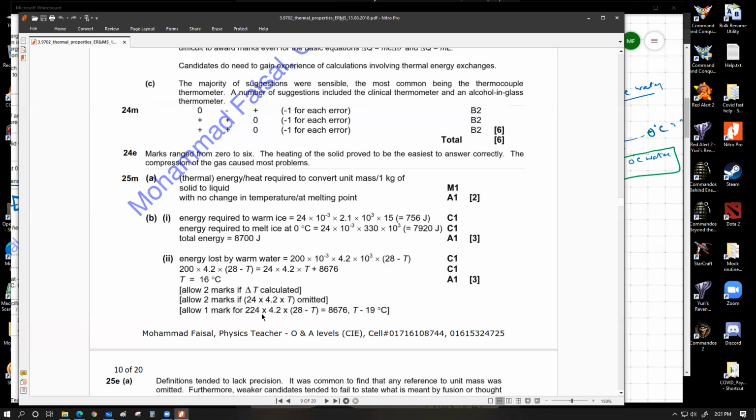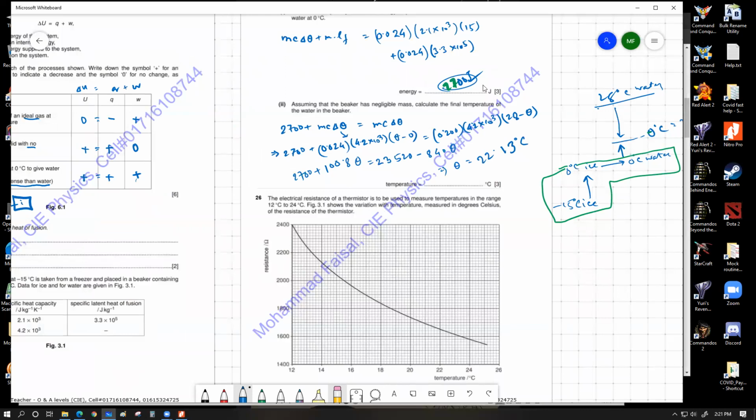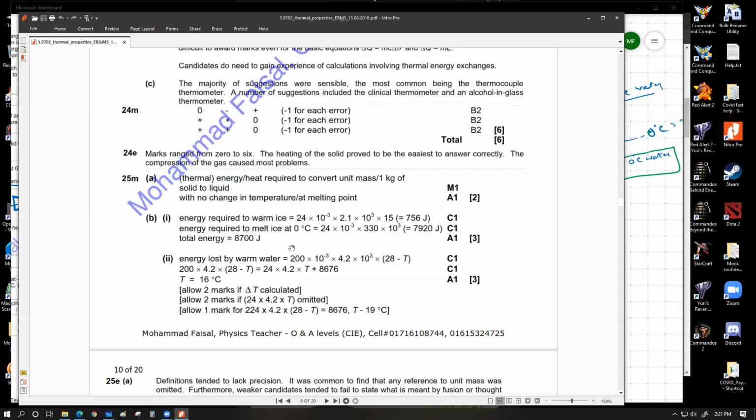What is happening? Where am I making the calculation mistake? This was not 2700.